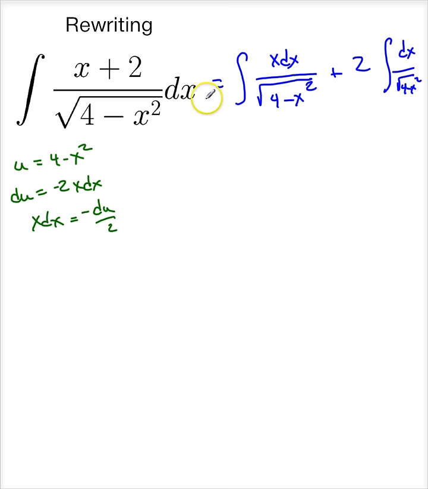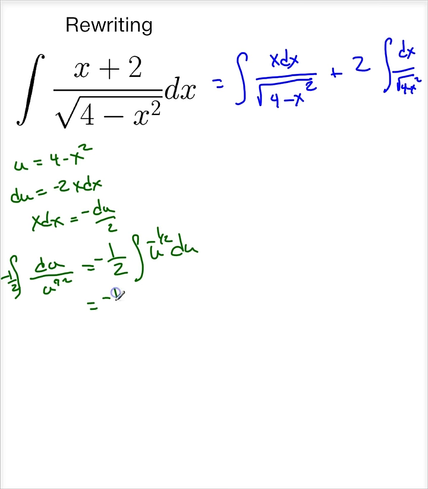So when I plug back in, again, I'm just doing this first integral. This is the integral of, let's see, I'm going to put the minus 1/2 out here, du divided by, now this is u, so this is u to the 1/2. Oh, that's a mess. So this is minus 1/2 times the integral of u to the minus 1/2 du.